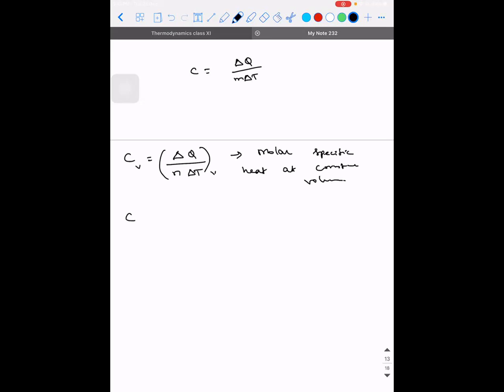Similarly, the value of Cp will be delta Q divided by n into delta T at constant pressure. So that is molar specific heat at constant pressure. What does T indicate, sir? What does T indicate? Temperature?